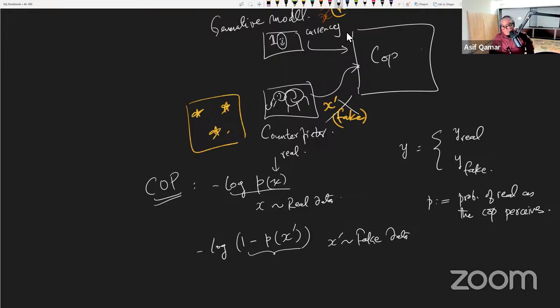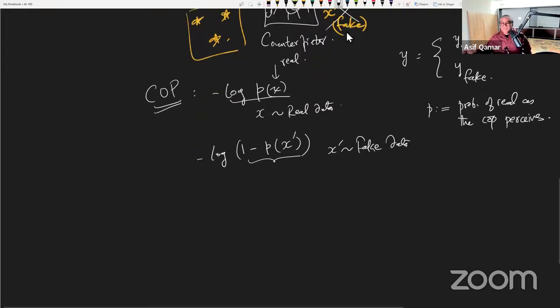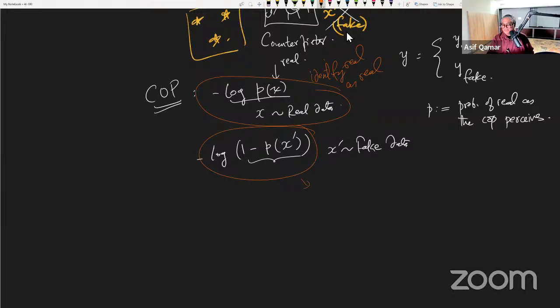So the role of the cop is, this first term, identify real as real, and this term helps you identify fake as fake.